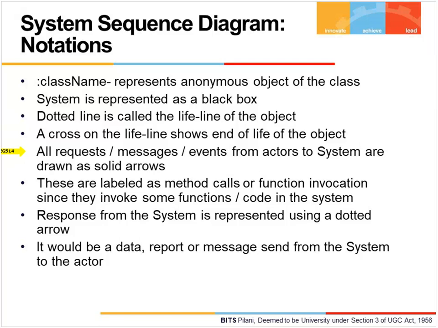All requests, messages, or events from the actors to the system are drawn as solid arrows. Right? So this is very important. All messages from actor to system are drawn as solid arrows, and the response from the system is represented using a dotted arrow.